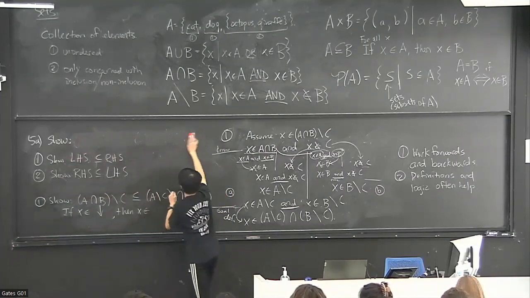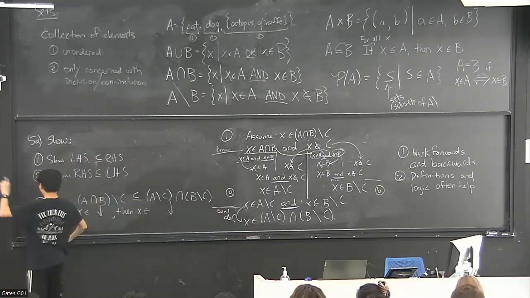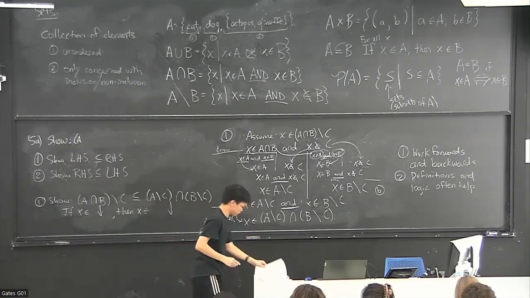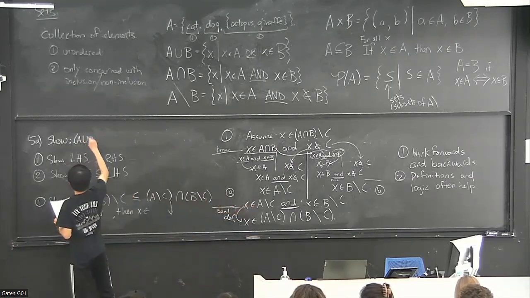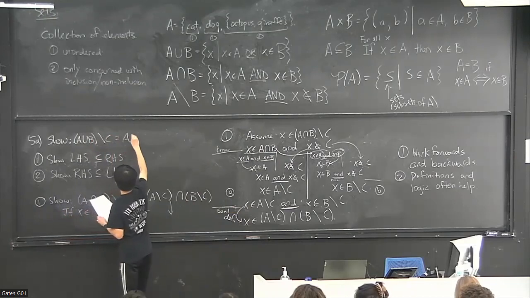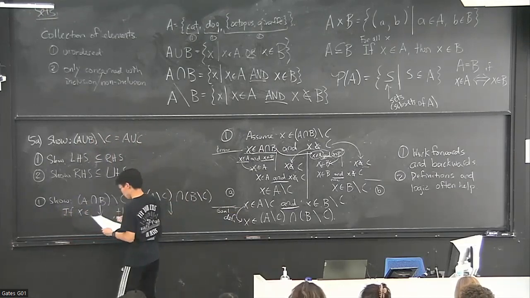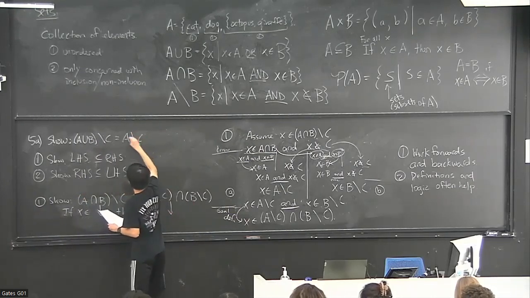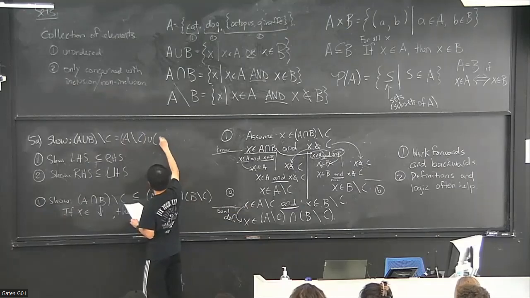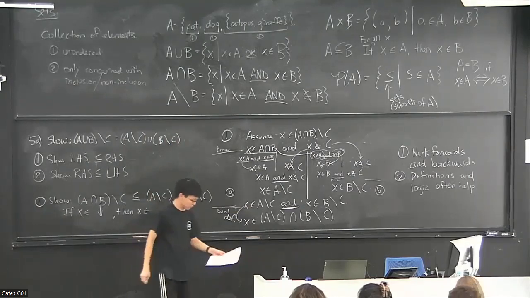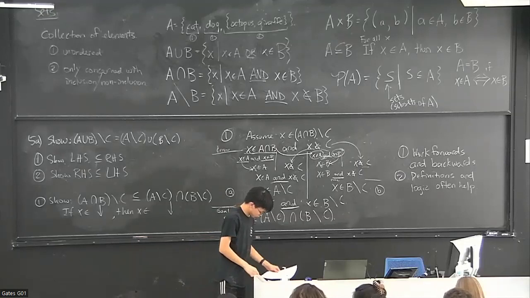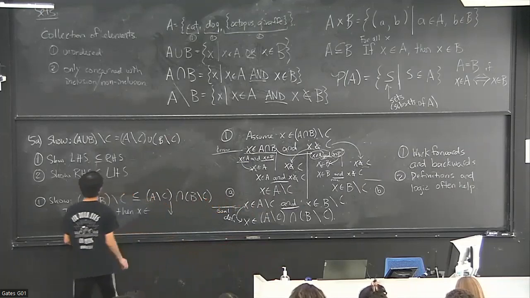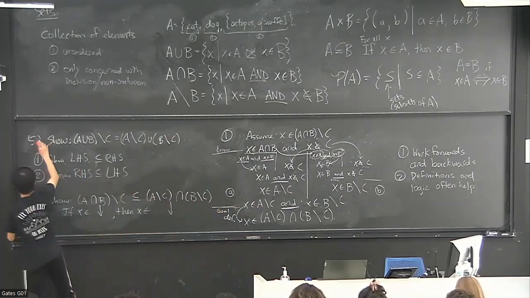Start with B to show you a little bit of how to use or statements. B says, so this is now 5B.